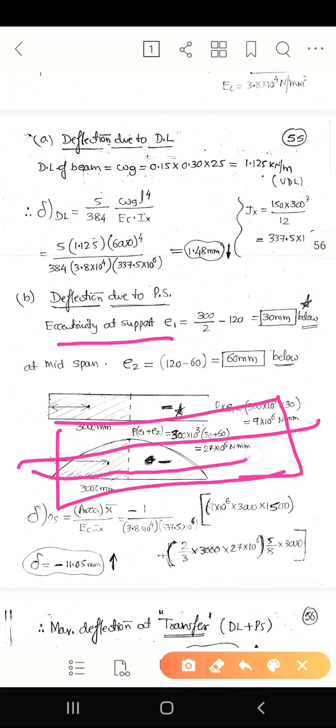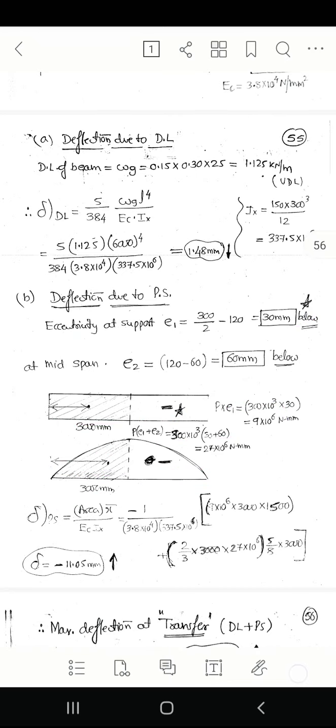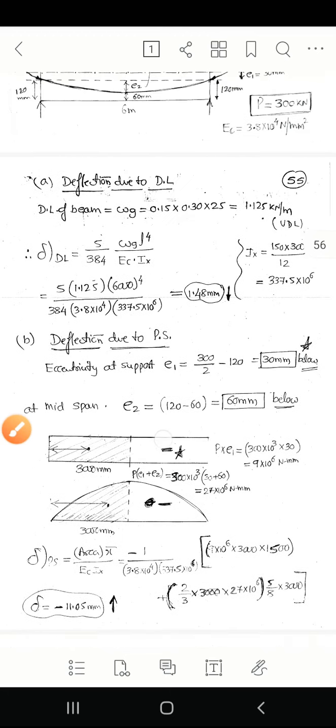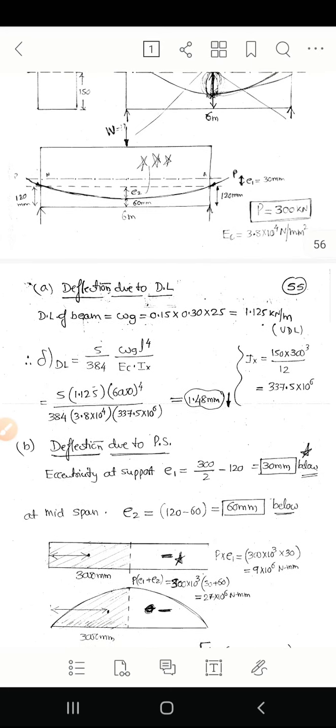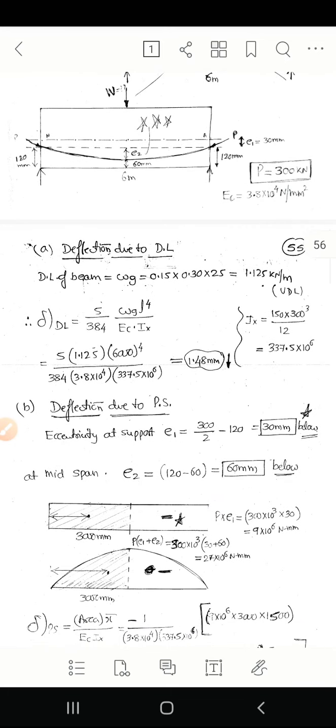Okay, so it is 120 mm from the bottom. So remaining distance is 150 minus 120, that is 30 mm we got as E1, and E2 is the distance we have calculated here. E2 is the distance from 120 to 60. That is, E2 we can calculate as 120 minus 60. So why are we calculating like this, E1 and E2?